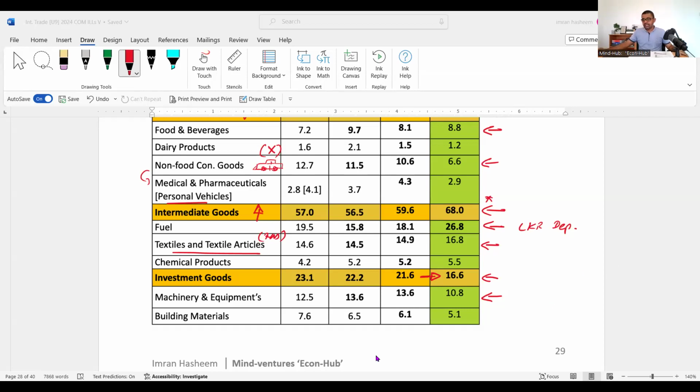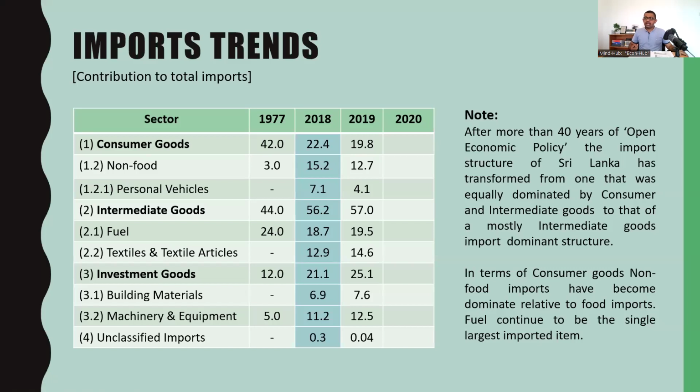Then the 1977 situation, let's have a look at that. In 1977, our import structure looked this way.